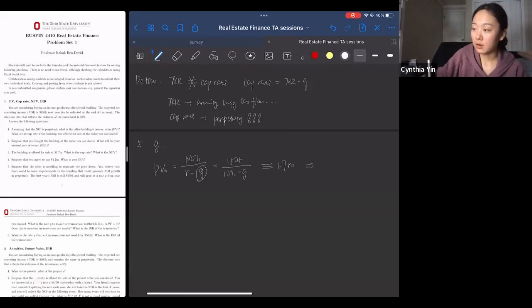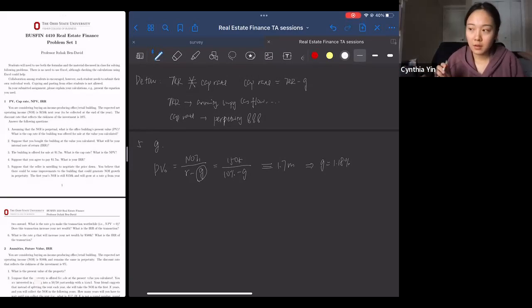Then you can back out the growth, which is 1.18%. So in other words, you do some good improvement to your property so that your future cash flow grows at this rate. Then the fair present value of this property will be the same as your payment. Then it will become a fair deal for you. Some of you might mess up and plug in 1.5 or some other number here, but it's not your payment, so it's not right.